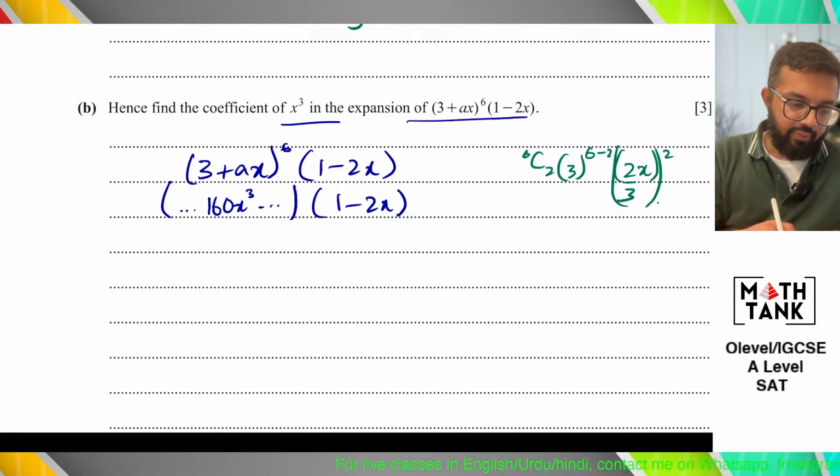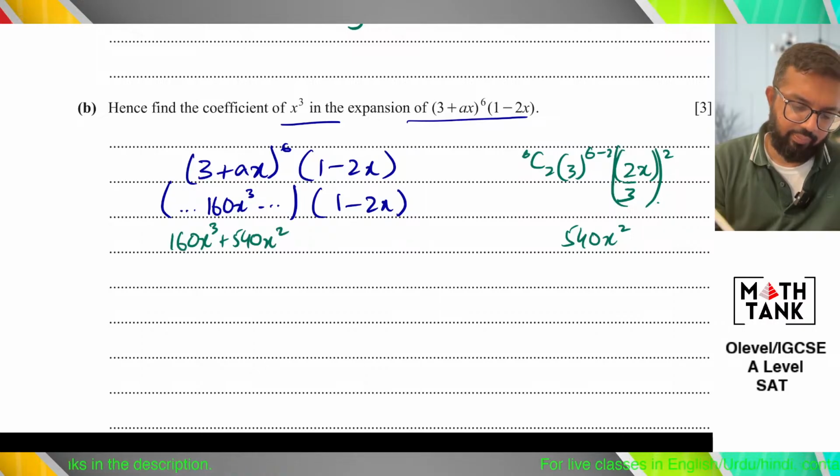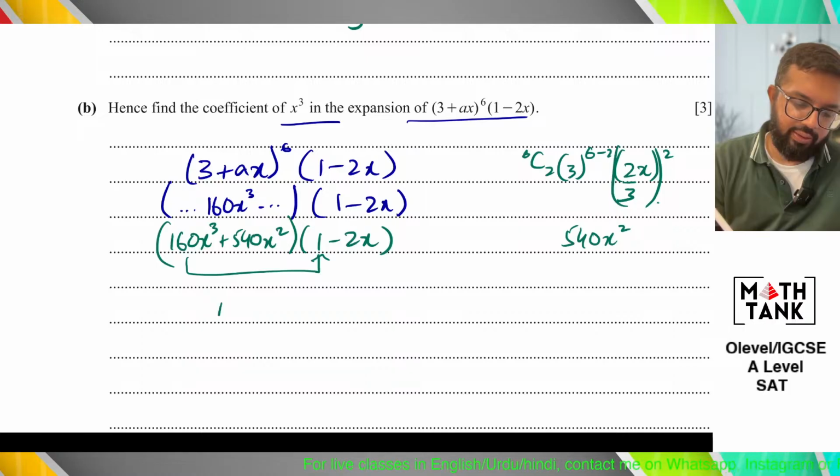Okay, 6 into 5 divided by 2 into 3 over 4 divided by 3 squared, 540. Okay, so 160 multiplies with this, I get 160x cubed minus 1080.